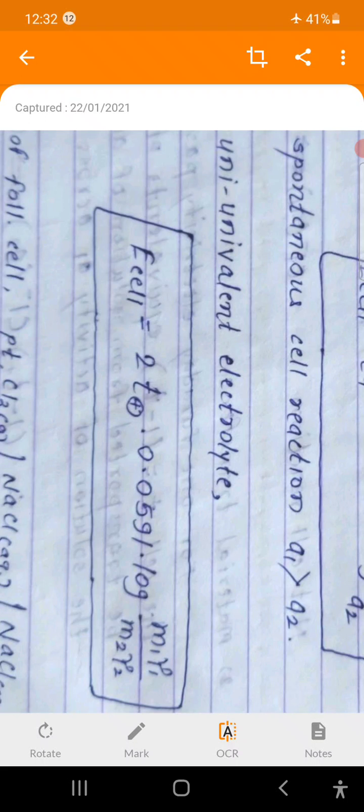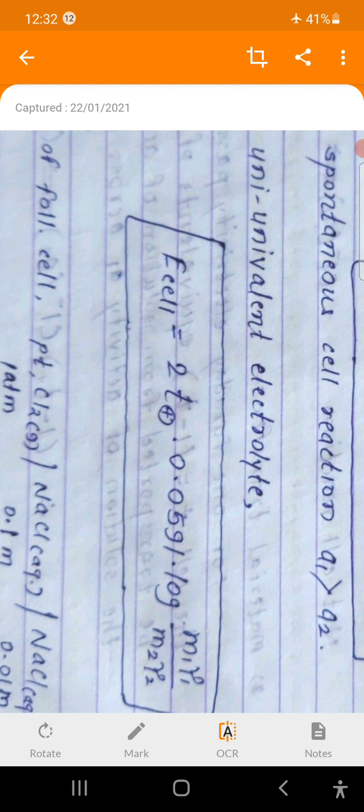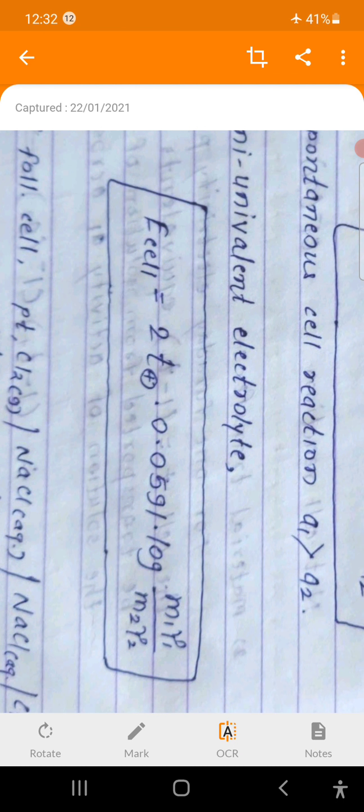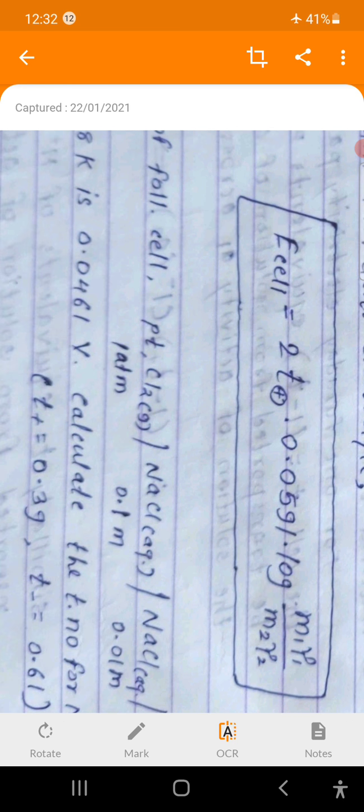Remember this difference. That is, E cell is equal to 2T plus into 0.0591 into log of M1 gamma 1 upon M2 gamma 2. By using this equation, we can calculate the EMF of an electrolyte concentration cell with transference reversible to anions. Remember that. Thank you.